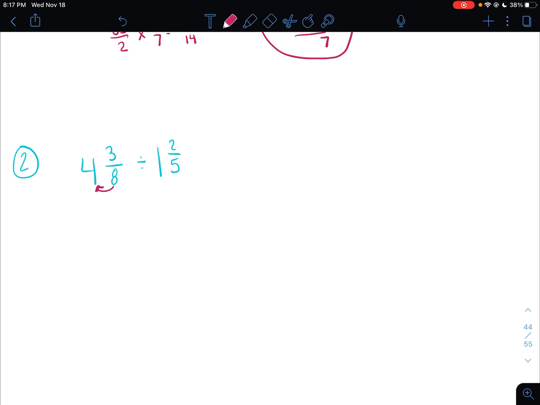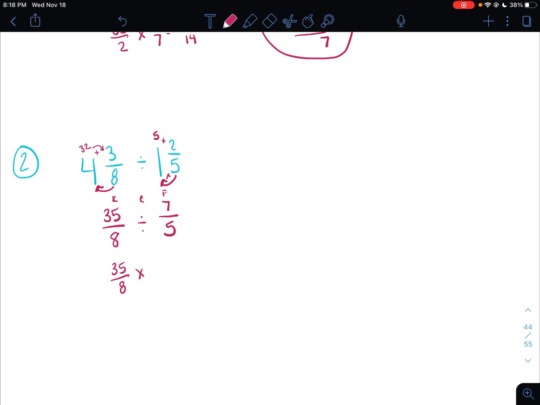So we're going to go around the world and change these into improper fractions. And we're going to do 8 times 4 is 32. Plus 3 is 35 eighths. Divided by 5 times 1, 5, plus 2 is 7/5. Okay, we're going to keep, change, flip.